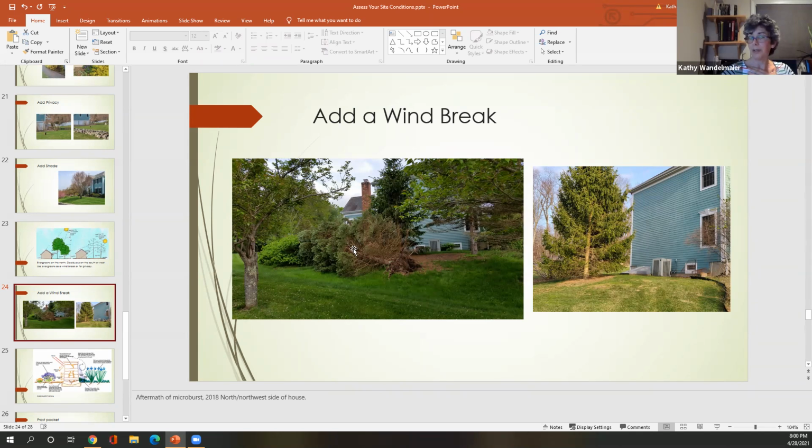They got blown over. Nothing happened to the house. Had to remove them, unfortunately, but I like to think that I thanked them before I cut them down for doing their job and protecting my house. And windbreak, yes, good idea for evergreens.